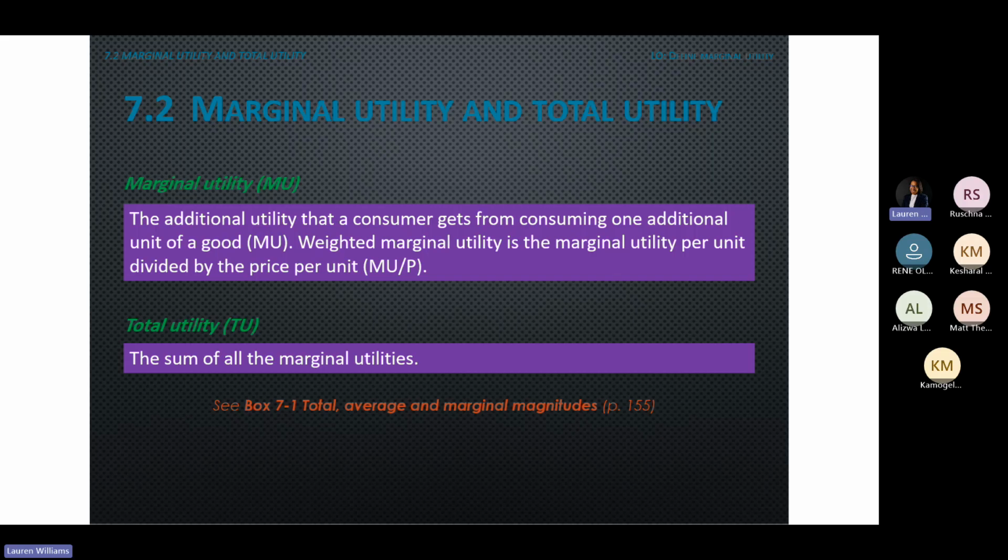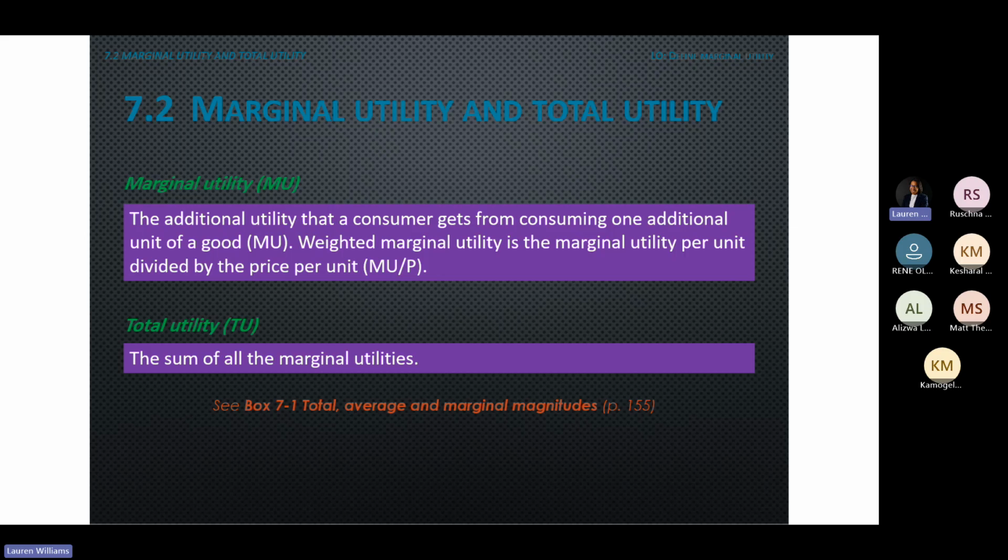So for example's sake, if you have your cup of coffee, that first cup of coffee, you'd probably give it a utility out of 10, or a total value out of 10. If you're a coffee drinker, you'd say it's a 10. Now, when I consume that second cup of coffee, say it only gave me a level of satisfaction of 8. In total, my utility is sitting at 18.